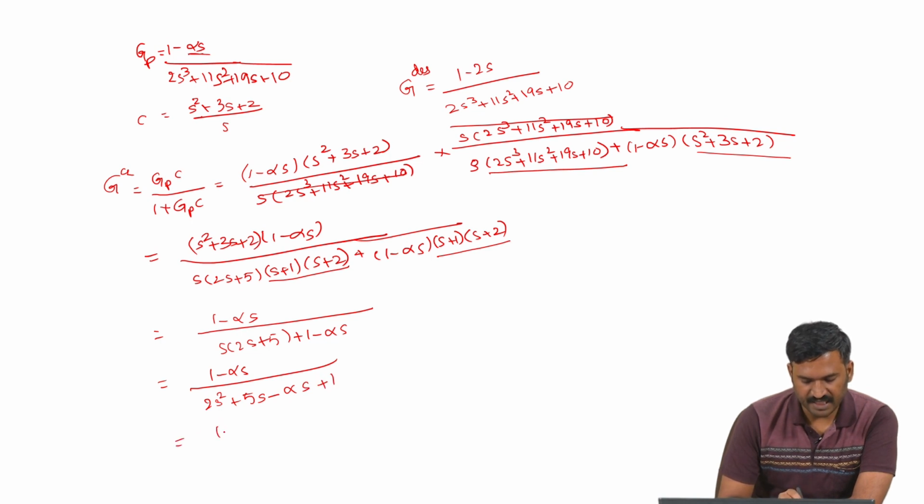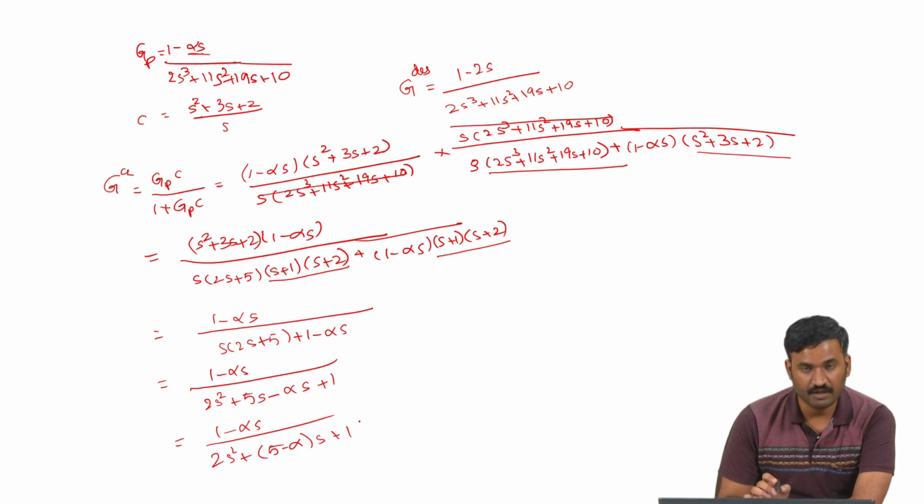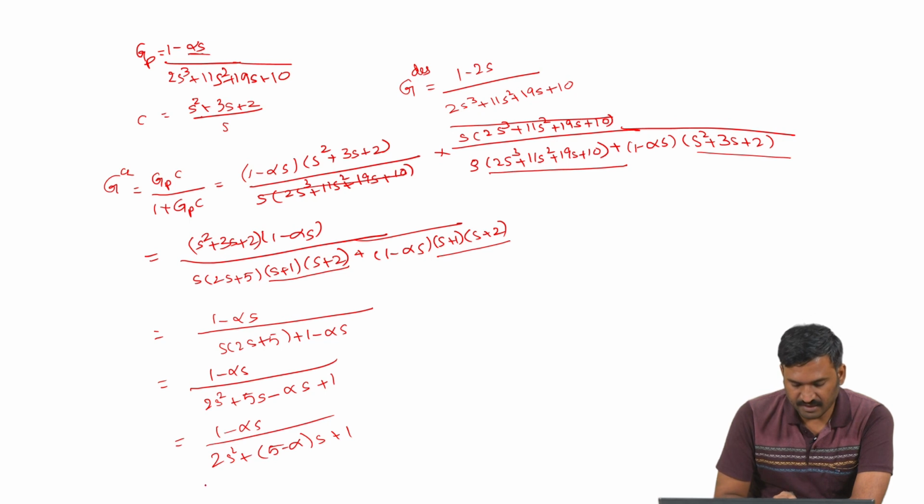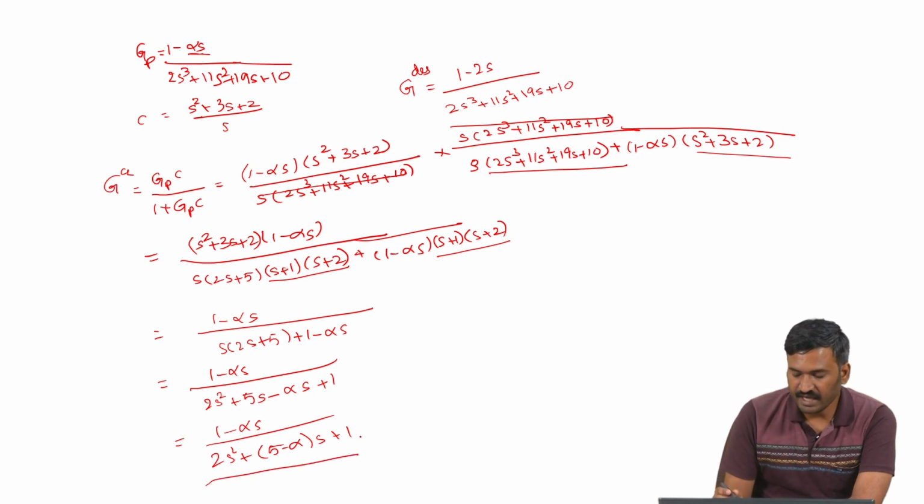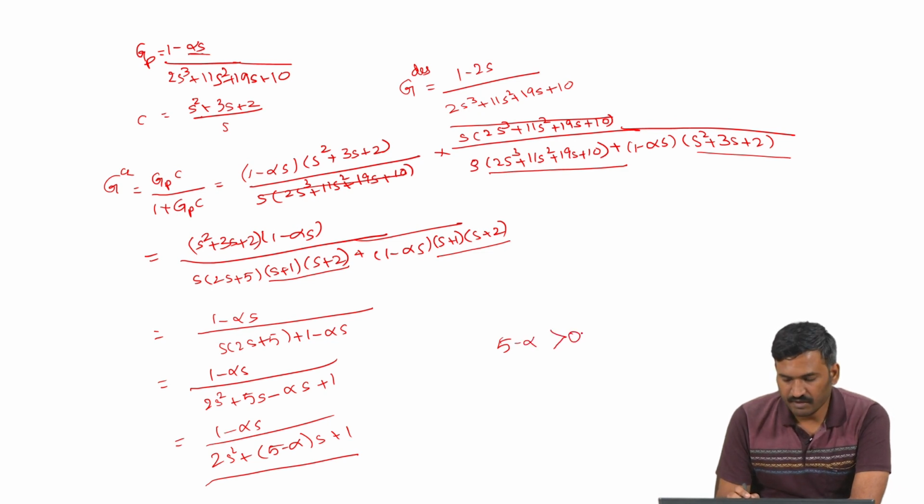So, (1 - alpha s) divided by (2s^2 + (5 - alpha)s + 1). Now, if we perform the Routh-Array test for this denominator polynomial, we have 5 minus alpha being positive. Now, if this is the criteria, alpha has to be less than 5.